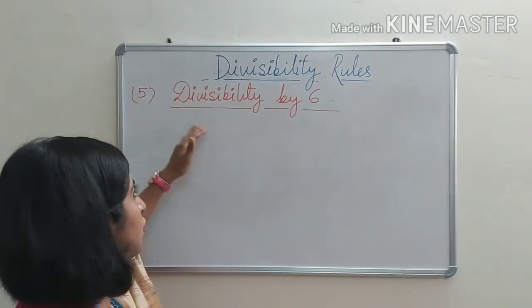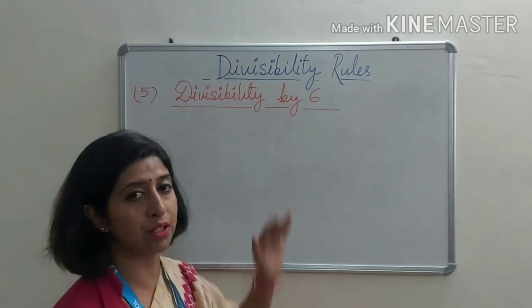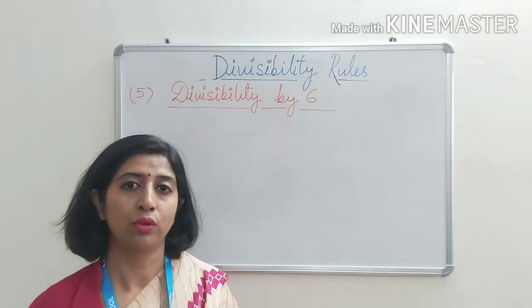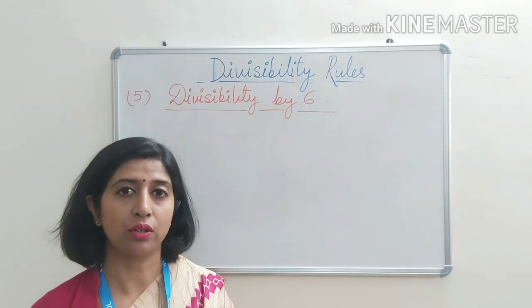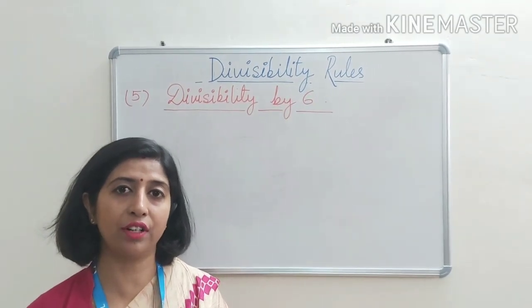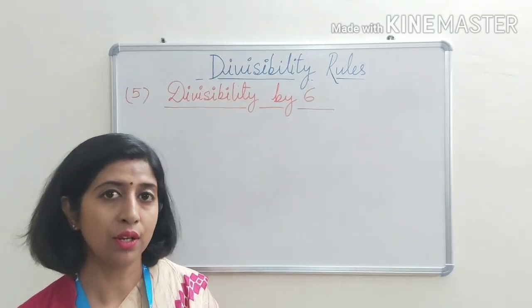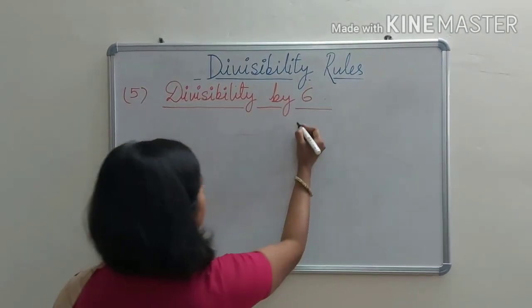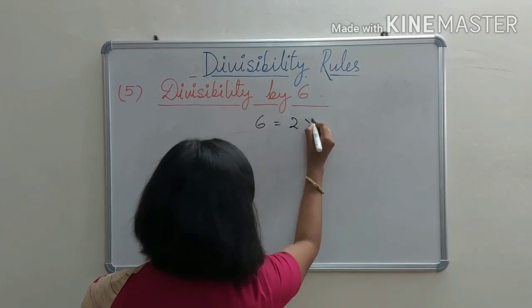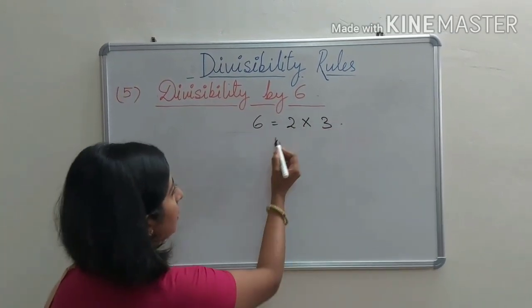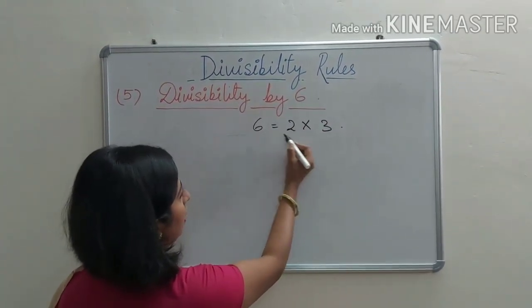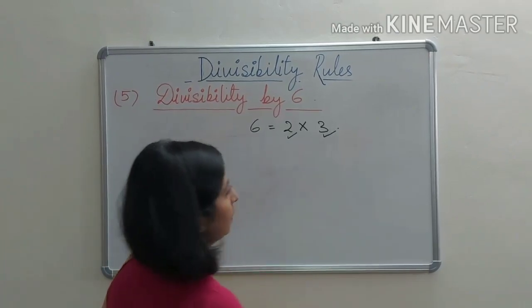Now moving to the divisibility rule of 6. We have to move towards the rule which will help us to know whether the number is divisible by 6 or not. For this, we have to see that 6 is equal to 2 into 3. It means that the factors of 6 are 2 and 3.